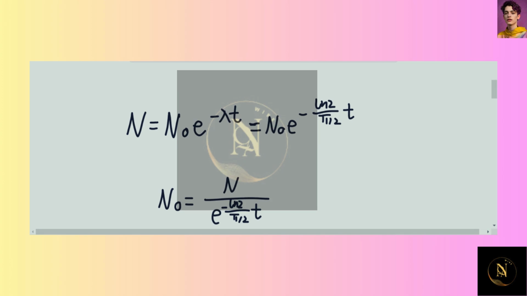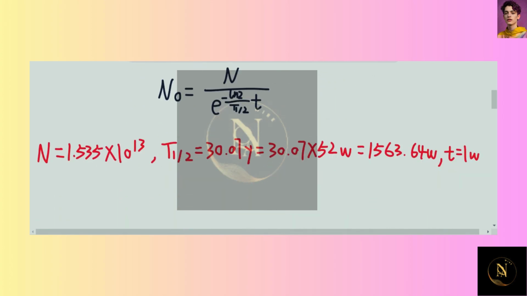So eventually we have N is equal to N0 times e to the power of negative natural log 2 over T1/2 times t. If we do some arrangement here, we have the initial amount of atoms, which is N0 here, which is also the required amount of atoms that need to be present in this case, is equal to N over e to the power of natural log 2 over T1/2 times t.